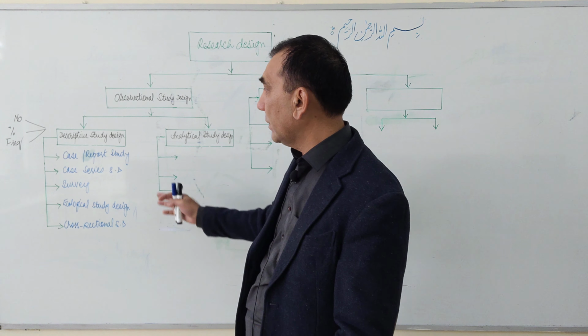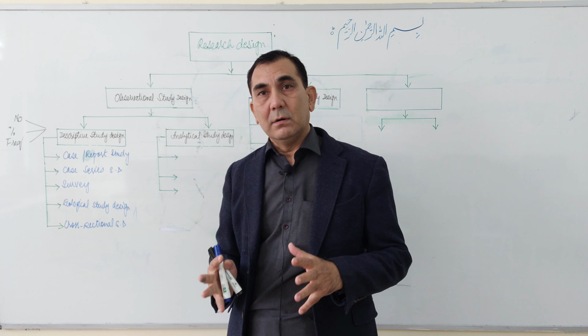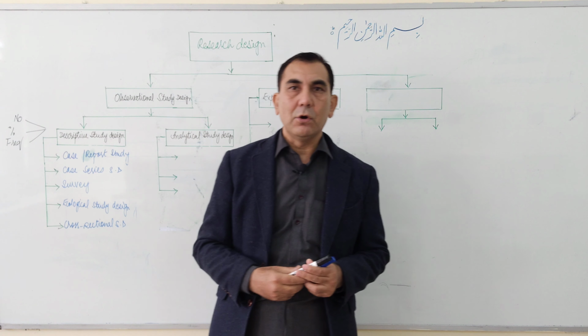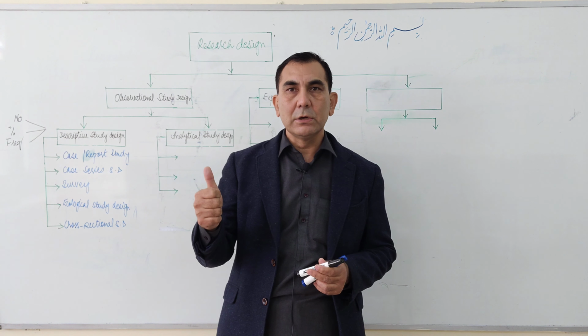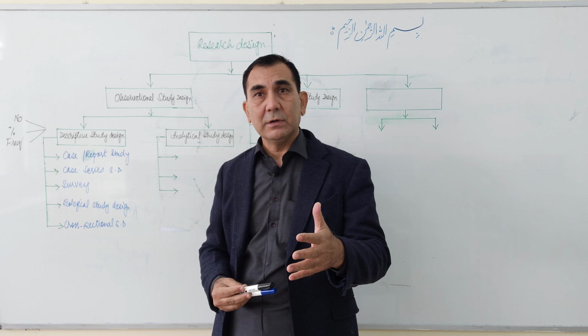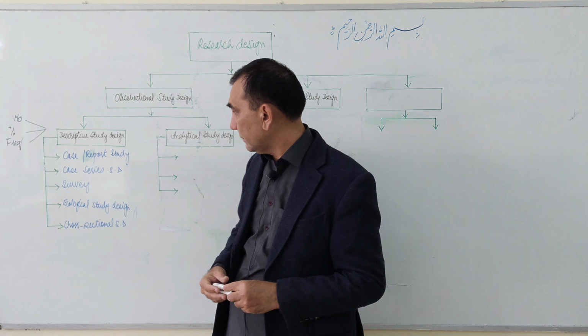The case report is the descriptive study design in which the researcher conducts a study on a single individual or a single group, with detailed investigation of that particular case of any disease. The best example is the Omicron variant, which came up and was case reported a couple of weeks ago in Karachi.